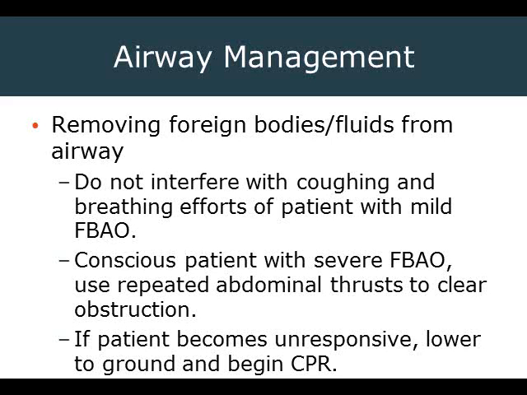Something to keep in mind, if the patient has the severe foreign body airway obstruction, we were unable to relieve it by doing our abdominal thrusts, we may need to make the choice to get the biggest breath of air we can, seal our mouth around theirs, or with the pocket mask that we're going to use, and pinch the nose, unless we're using the pocket mask, and just blow as hard as we can.